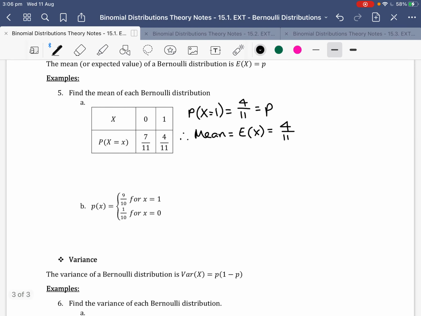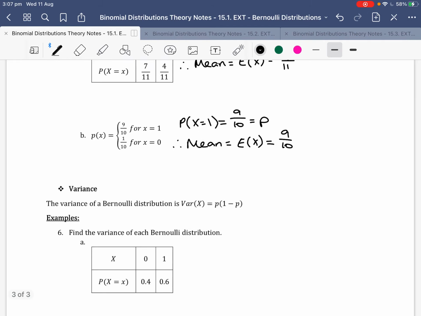For part B, we want to find the mean of this Bernoulli distribution. The probability of X equals 1 is 9 out of 10, which equals p. Therefore, our mean, which equals our E(X), is equal to 9 out of 10, which is the same as our p.